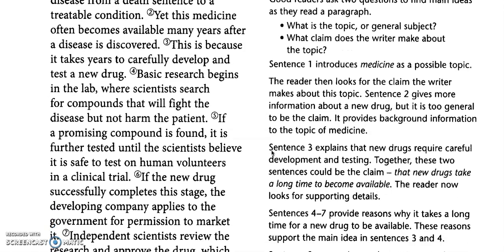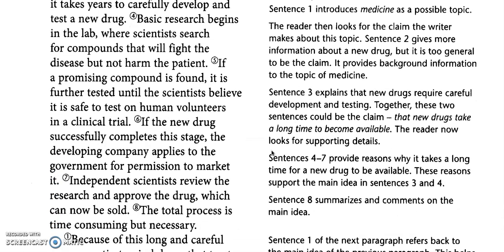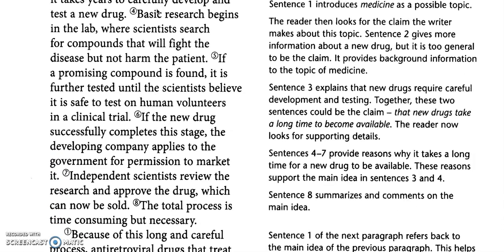And then if you were asked the question about supporting details, you could choose from any of these sentences here, except the last one, because that one is general, but you could choose from sentence 4, 5, 6, or 7 to give supporting details that explain why the process takes so long.